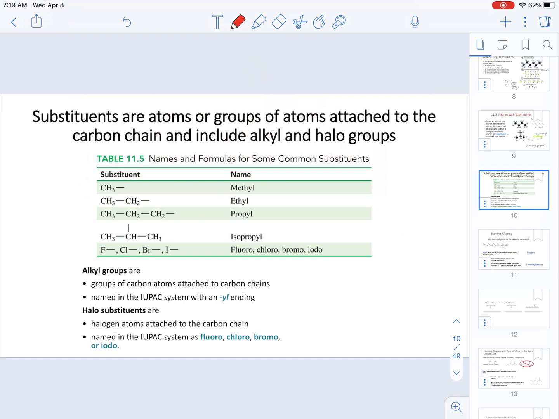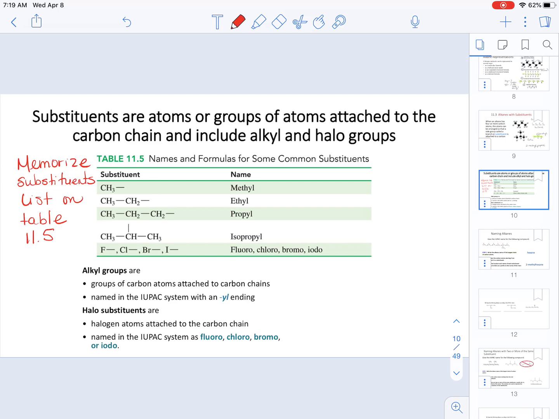So, one of my suggestions will be to memorize the substituent list on table 11.5, because those are the ones that you are going to be encountering most often when it comes to organic chemistry in this course.